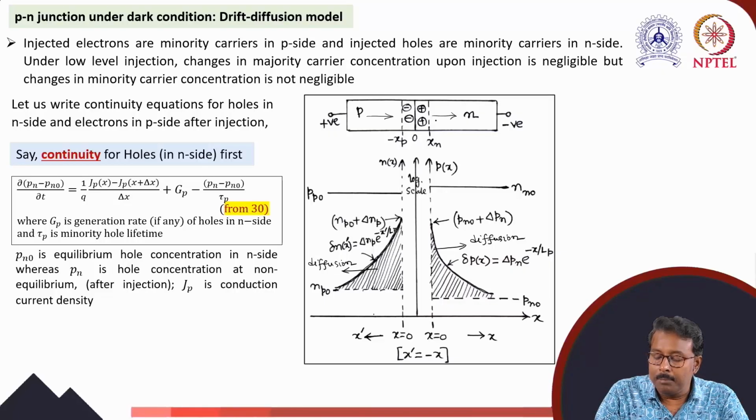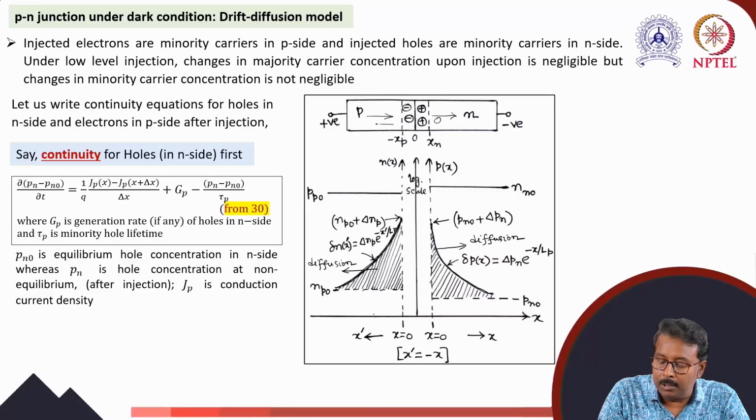This is the current flow due to electron diffusion, and this is the current flow inside due to hole diffusion, and this is the current flow due to electron diffusion, J direction.